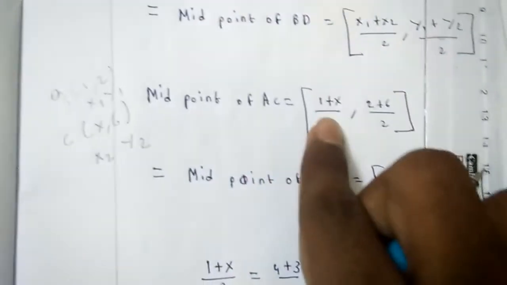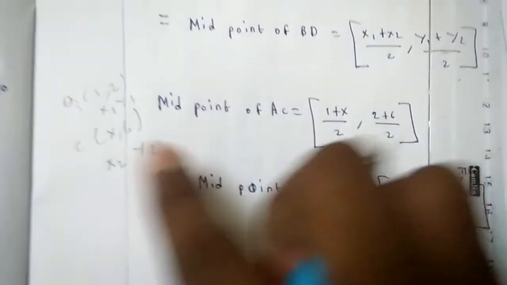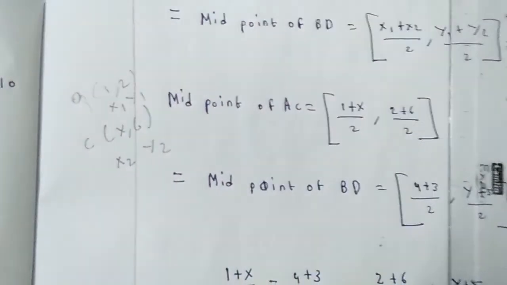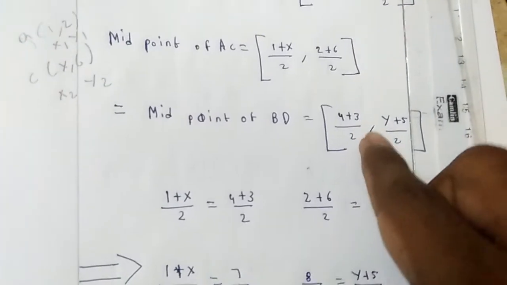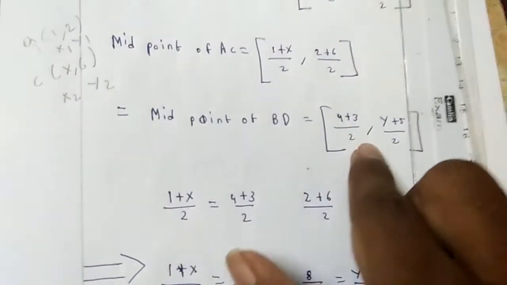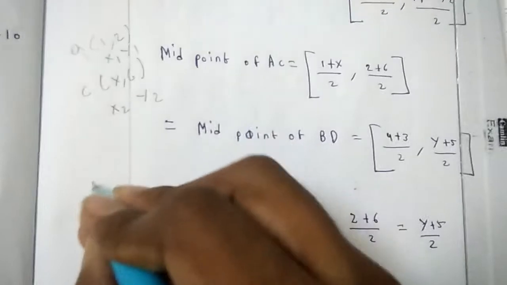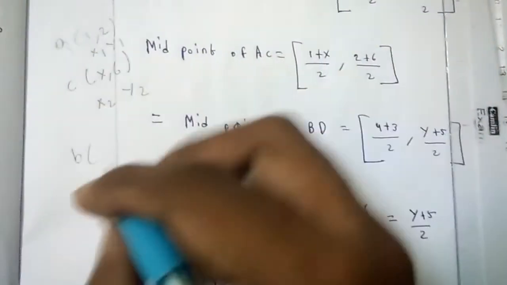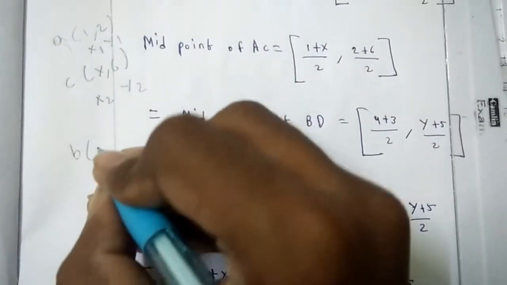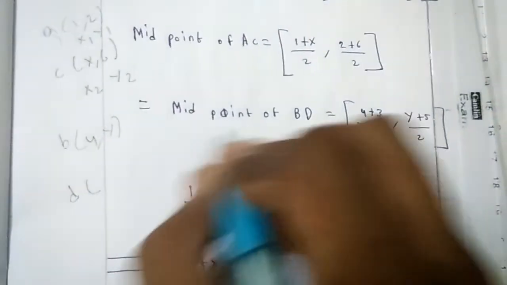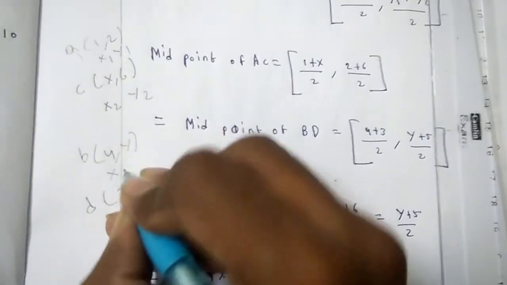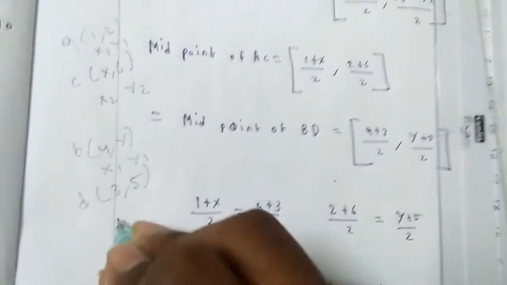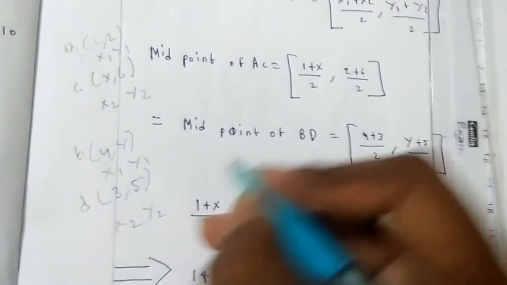Therefore the midpoint is (1 plus x) by 2, comma (2 plus 6) by 2. And the midpoint of BD is (4 plus 3) by 2, comma (y plus 5) by 2, where B is (4, y) and D is (3, 5), taking 4 as x1, y as y1, 3 as x2 and 5 as y2.